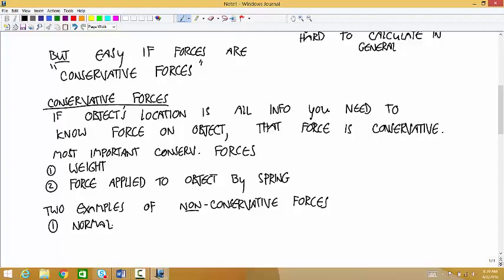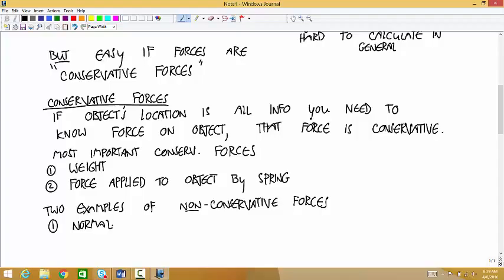So let's say we have this object, and we know everything we need to know about the object. And I give you the information that this object is sitting on the table here. Is that enough information to know the normal force that the table applies to this?